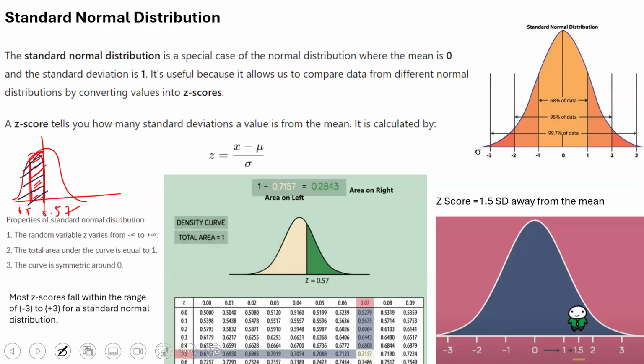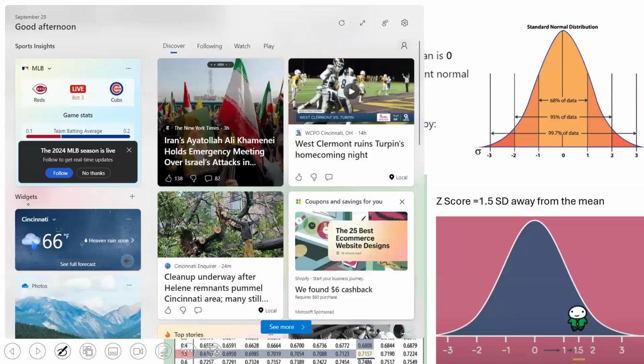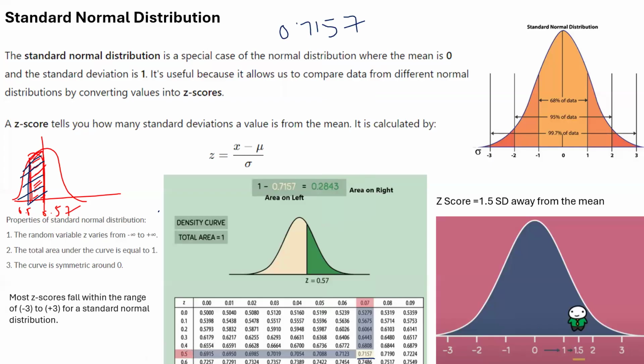For 0.57, it is 0.7157, which is the area of this whole part. Now you have to subtract the area until 0.5. The 0.5 value is 0.6915, so 0.7157 minus 0.6915. This value gives the probability of a random variable falling within this range, 0.5 to 0.57. It is just like that.